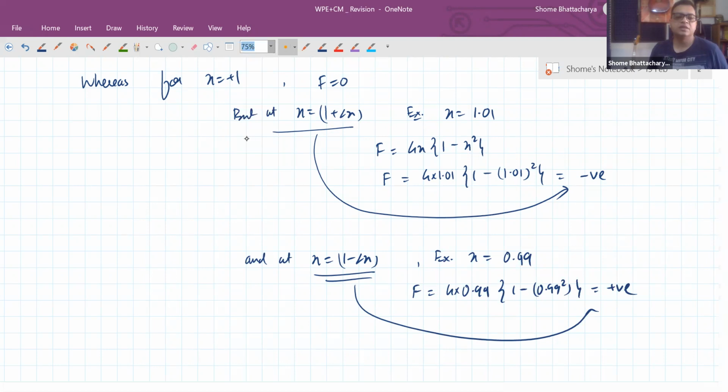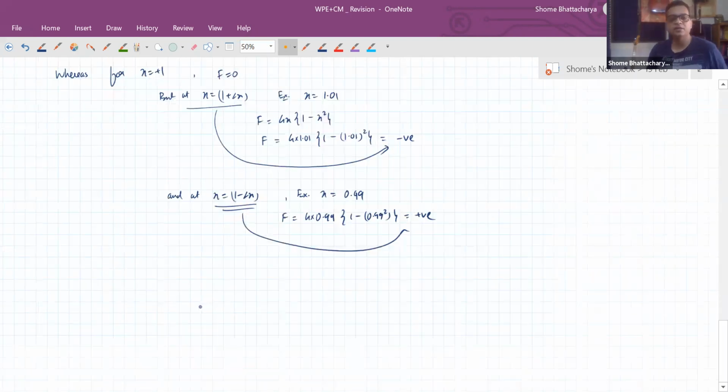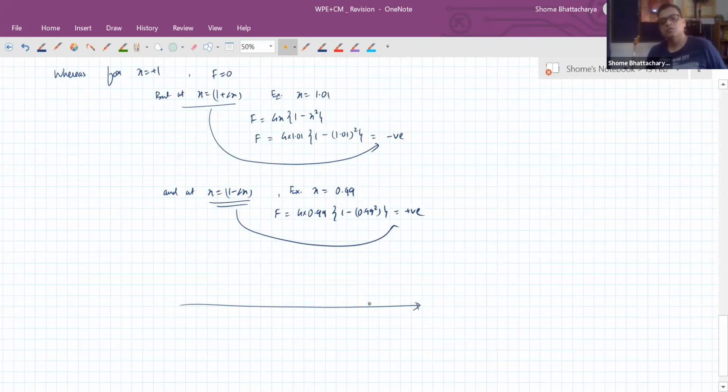So from this, we can understand that with respect to the point at x equal to 1, the force on either side of it is restorative in nature. If I go to a point 1 plus delta x, the force here is negative. If I go to a point 1 minus delta x, the force here is positive.